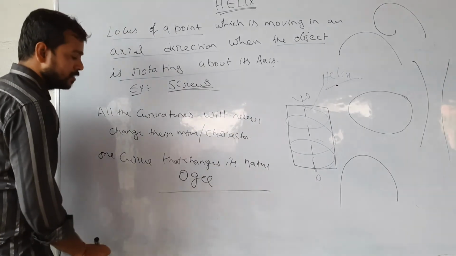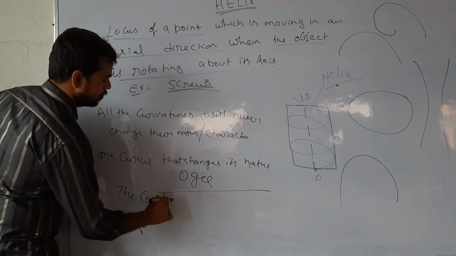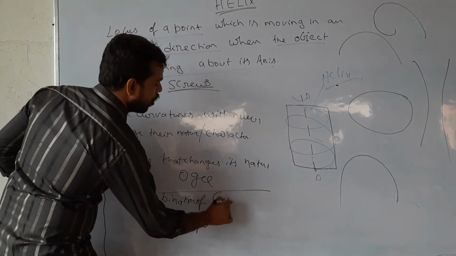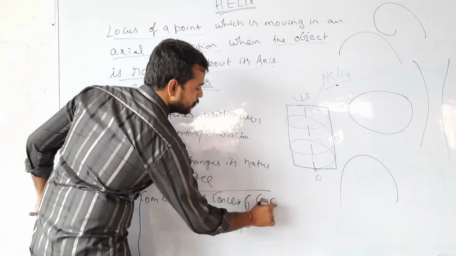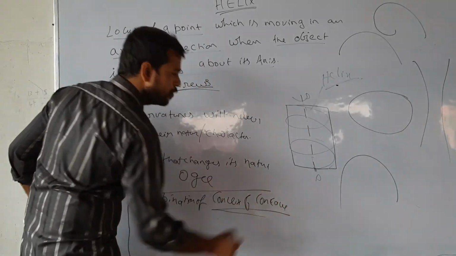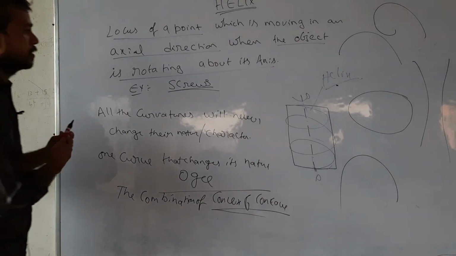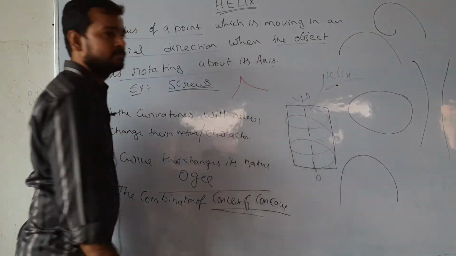That means the combination of convex and concave. This is the ogee curvature.